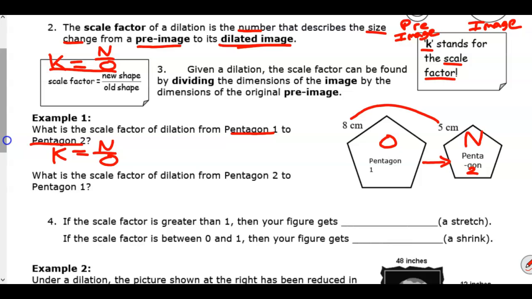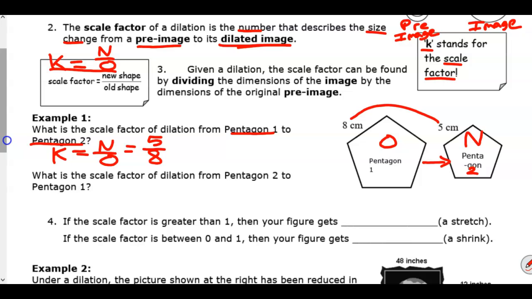Which one is new, 5 or 8? Now, we just labeled it. So the one that's new I have is 5, because that's the one I was going to. I ended up with 5 as my side length over the one I started with pentagon 1, which is 8. Okay? 5 over 8. You've got to know N over O.